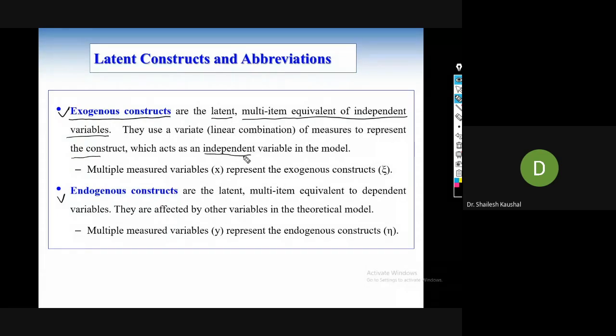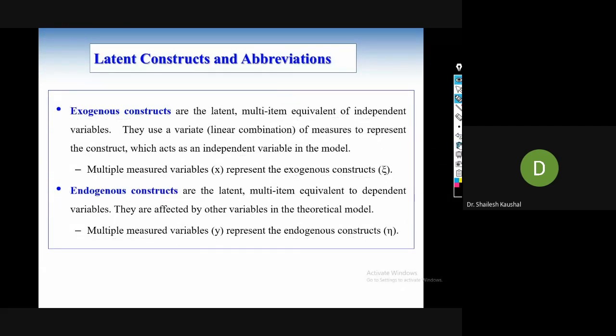Multiple measured variables represent the exogenous construct, xi. Endogenous constructs are latent, multi-item equivalents of the dependent variables y1, y2, y3, y4, and multiple measured variables represent the endogenous construct, that is eta. Eta means endogenous construct.